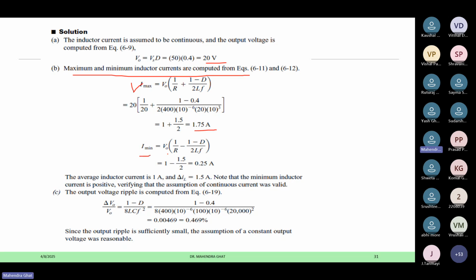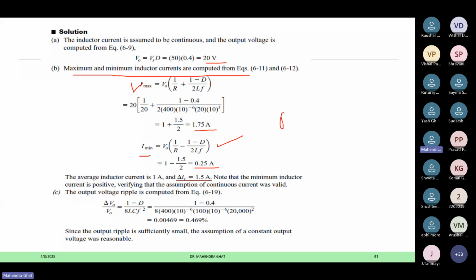Similarly, I have the I min equation. If I put all these values, I will get 0.25. So delta IL is nothing but I max minus I min. I max is 1.75 and I min is 0.25. If we take the subtraction, you will get delta IL as 1.5 ampere.